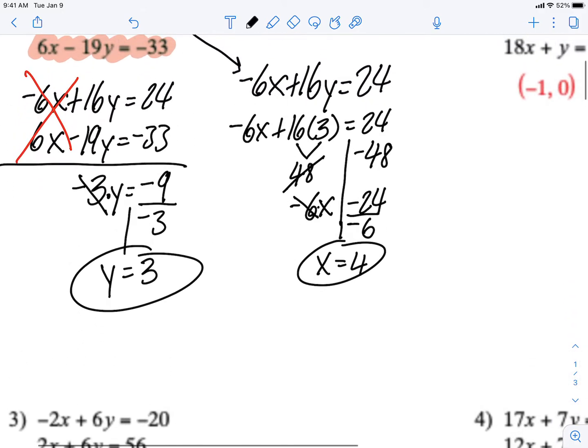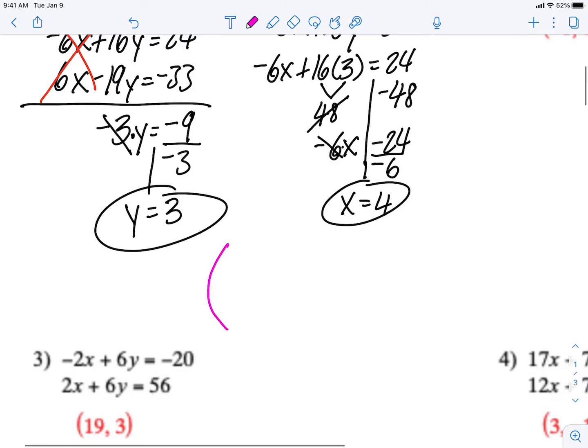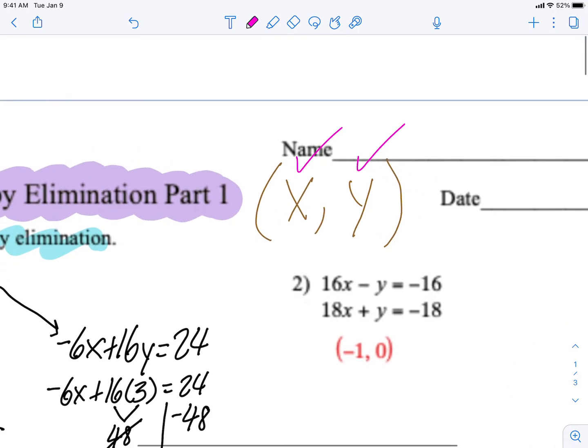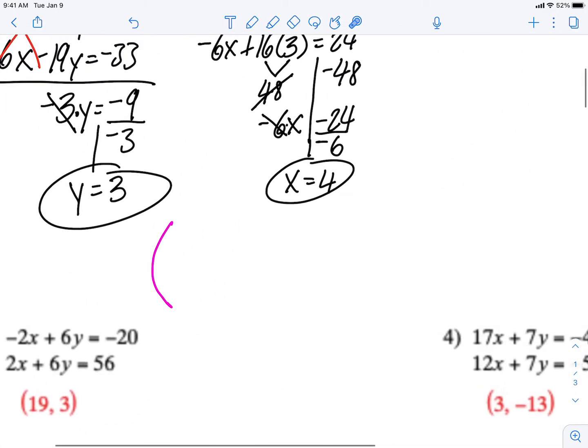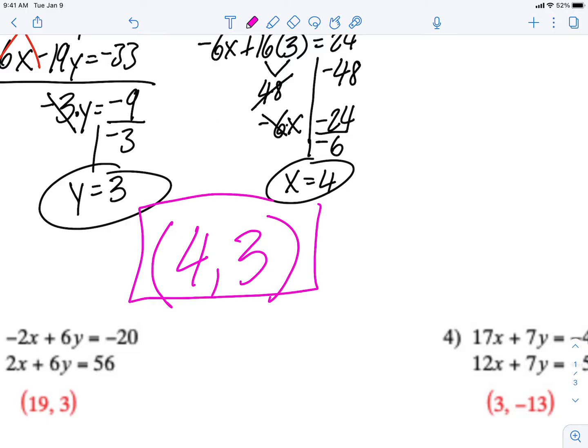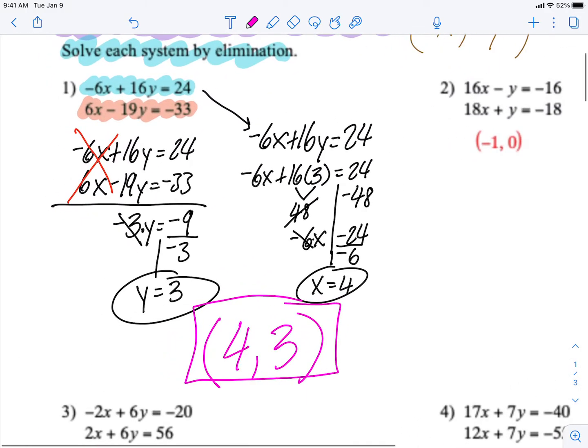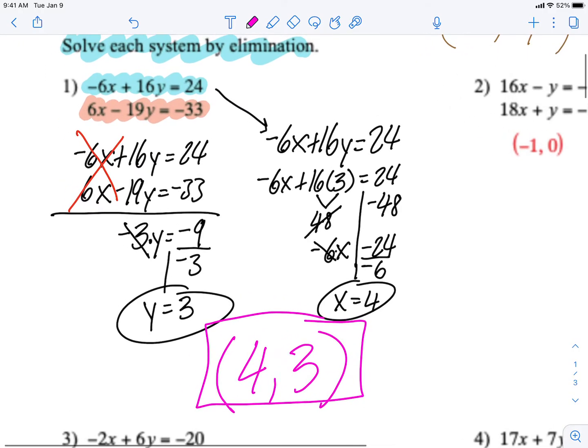So my solution, x comma y, is 4 comma 3, and that is number 1.